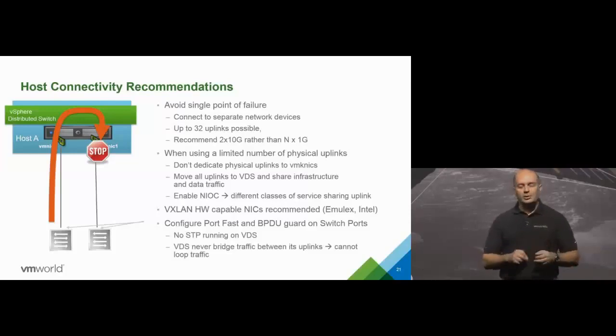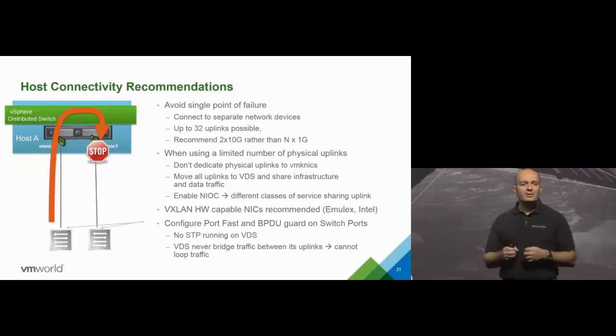You skip a few initial stages in the spanning tree. We have on many switches the capability of tracking BPDUs that you would receive on the physical switch with a feature called, in Cisco, BPDU guard.